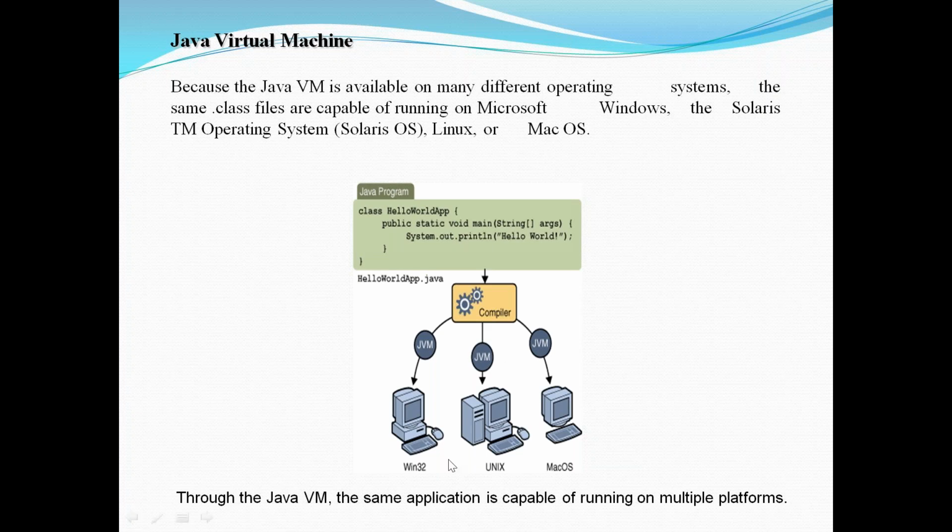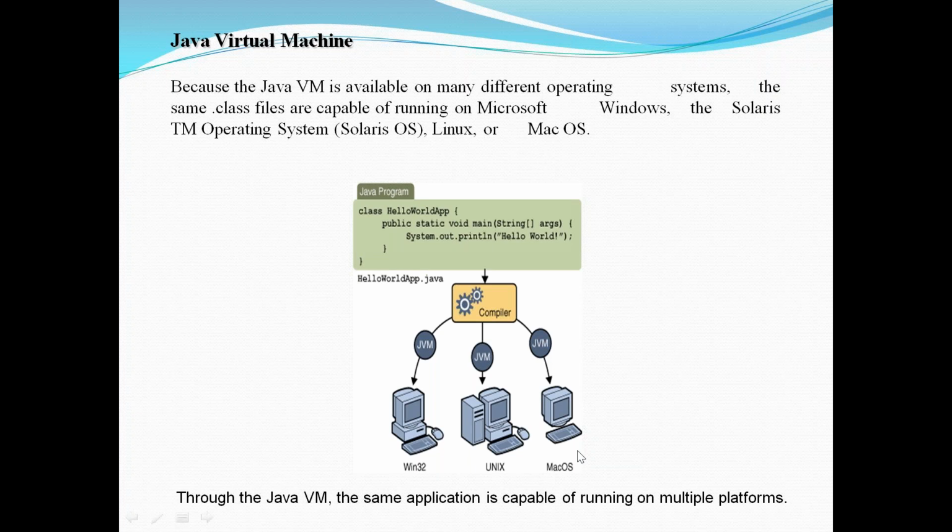On this slide, I have shown three platforms: Windows, Linux, and Mac OS. The benefit of the JVM is that for every operating system, the JVM will be different. This JVM is Windows based, this JVM is Linux based, and this JVM is Mac OS based.